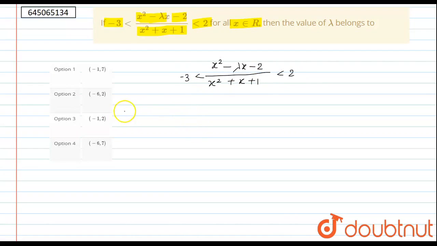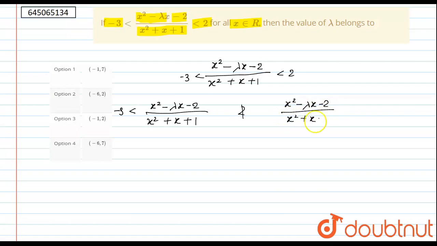Now we can break this inequality into two parts, that is minus 3 is less than (x square minus lambda x minus 2) upon (x square plus x plus 1), and also (x square minus lambda x minus 2) upon (x square plus x plus 1) is less than 2.